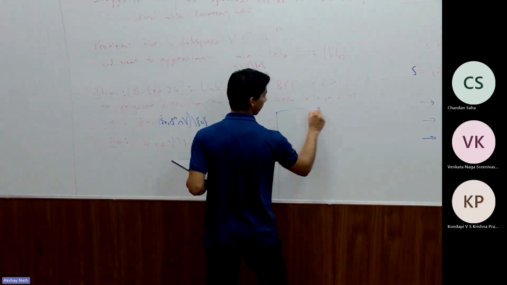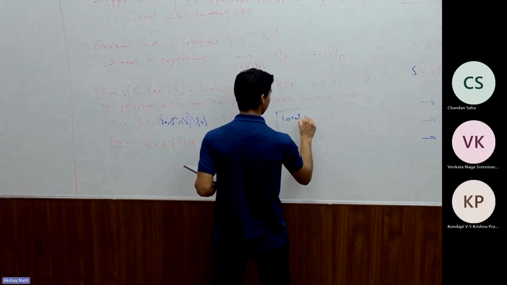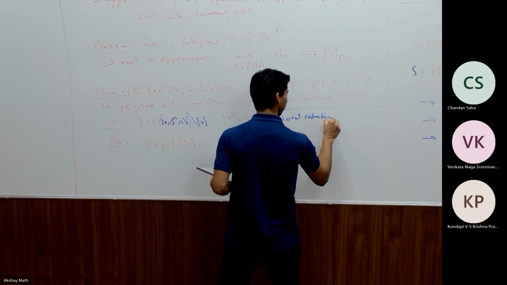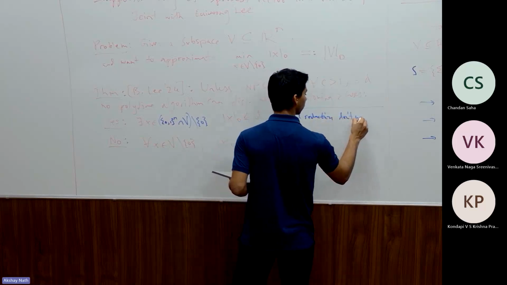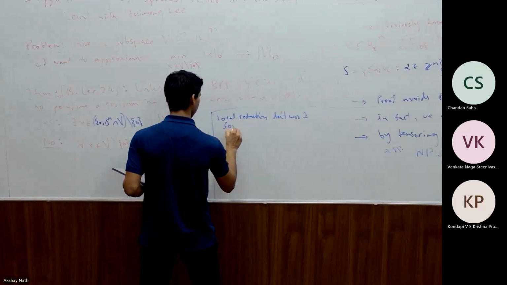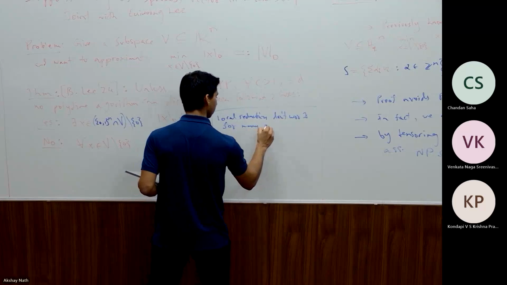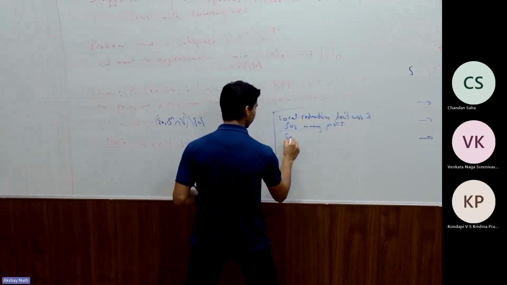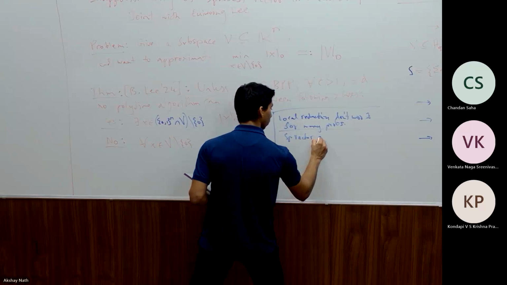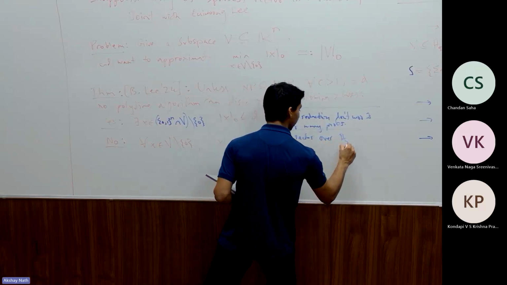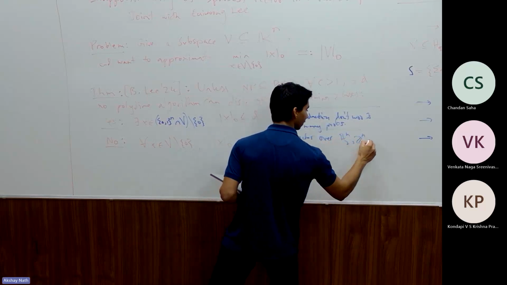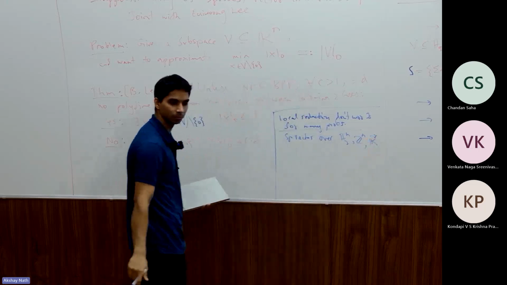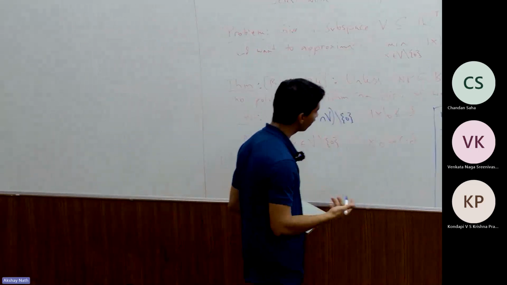Let's write this here. Local reductions don't work for many problems. So I'll just give you a little bit of a list. Sparsest vector over even F2 to the n, Z to the n, R to the n, all these problems it breaks.